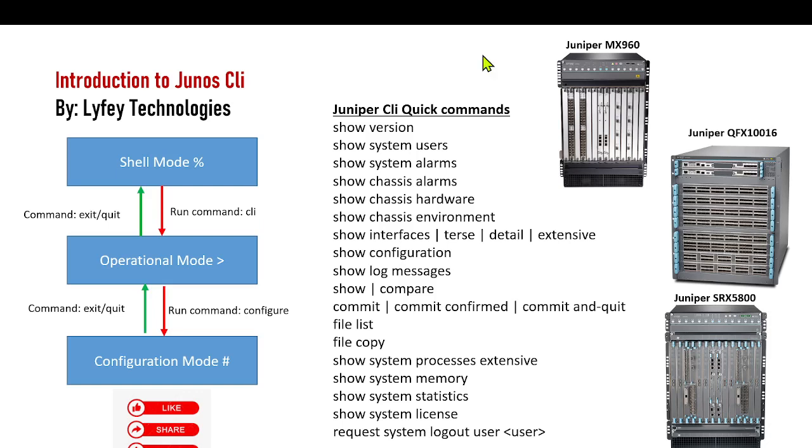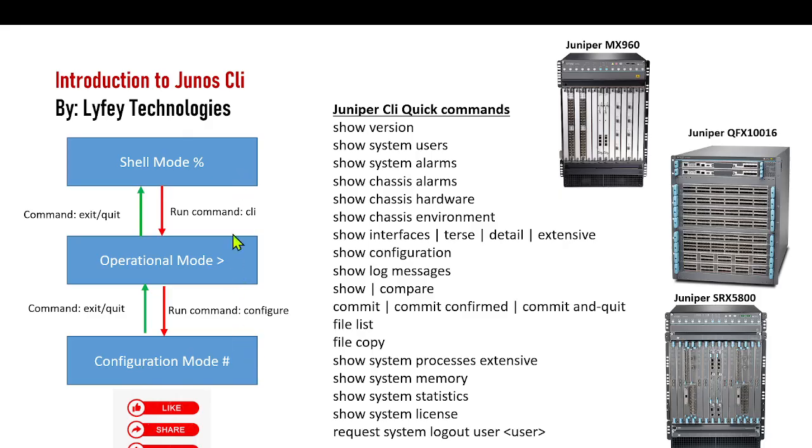So when you are logging in to Juniper for the first time, we have these three operational modes. We have the shell mode, which you can see is indicated by the percent sign. We have the operation mode, indicated by the greater-than sign, and we also have the configuration mode, which is indicated with the hash sign.